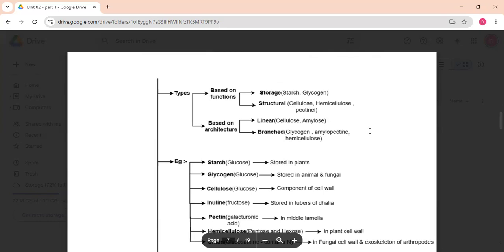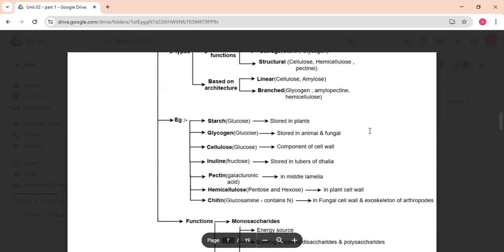Storage polysaccharides are starch and glycogen. Structural polysaccharides are cellulose, hemicellulose, and pectin. Based on architecture, there are linear polysaccharides and branched polysaccharides. Cellulose and amylose are linear polysaccharides, and glycogen, amylopectin, and hemicellulose are branched polysaccharides.